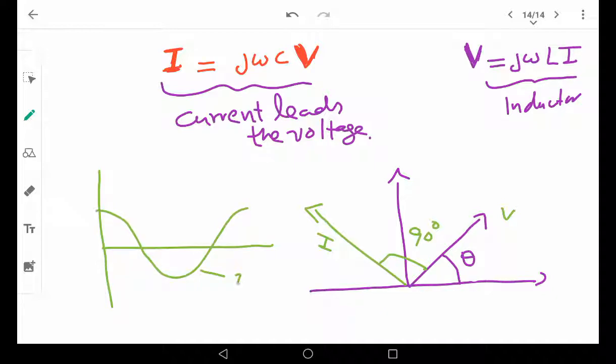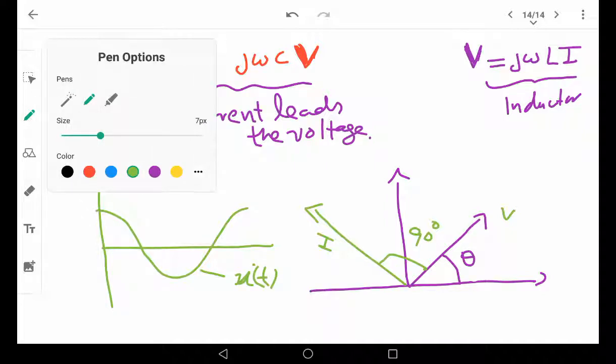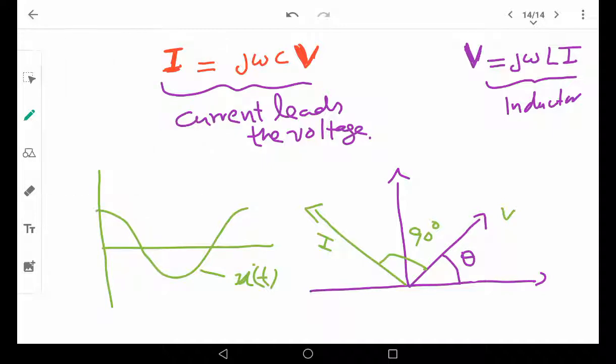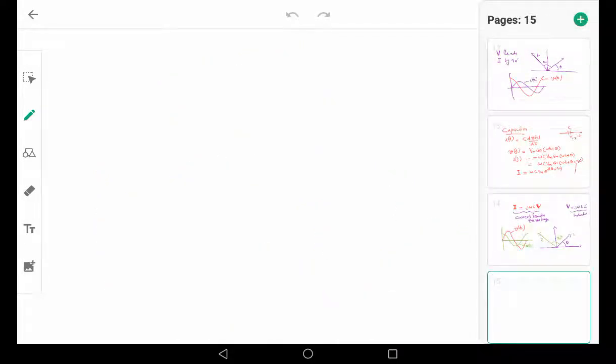This is the current waveform. So the voltage is lagging the current. The current becomes maximum first, and the voltage is lagging the current, or the current is leading the voltage. That's what happens in the case of a capacitor.